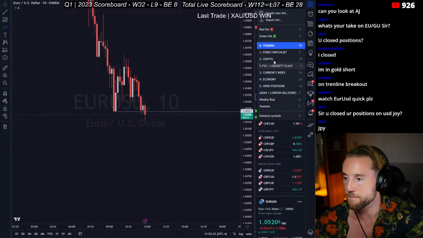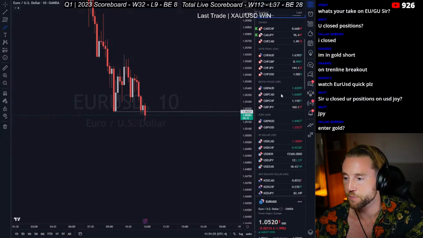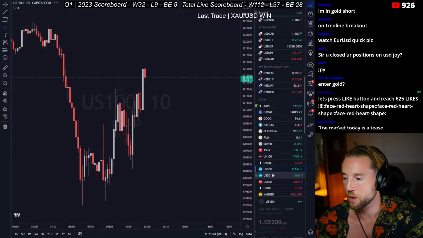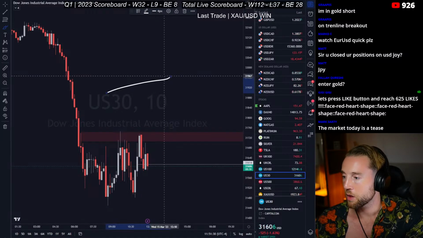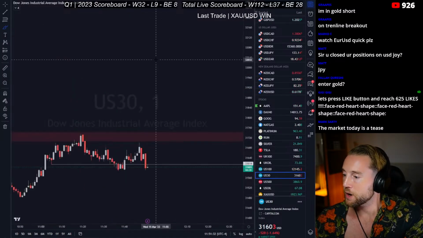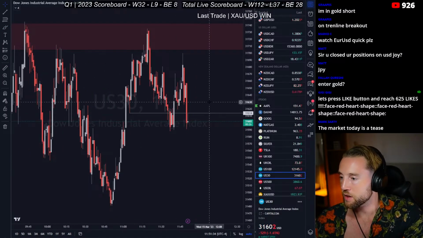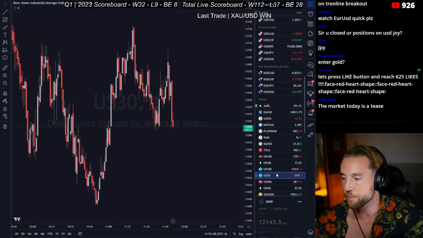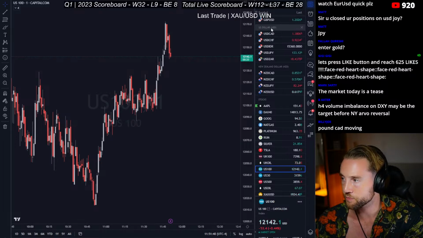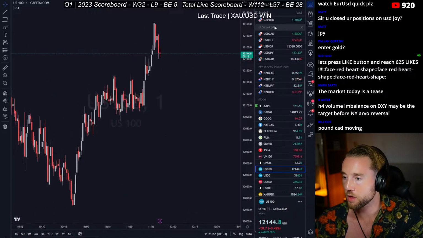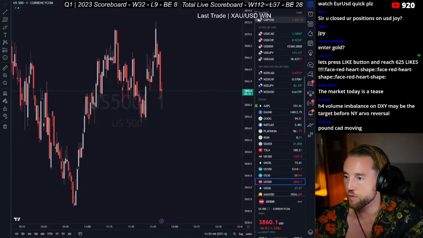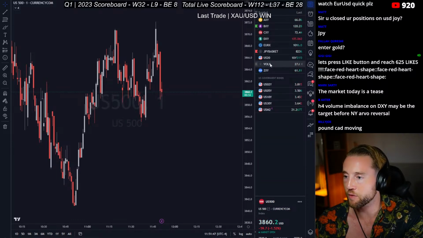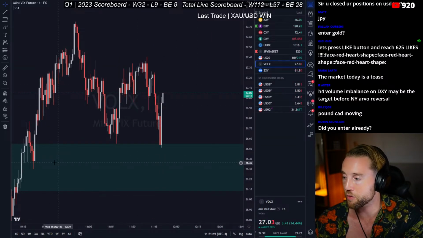Let's see. Not really, not yet. Yeah, well, yeah, US 30 maybe. US 30 is looking definitely weaker. US 100 is looking very strong. But it's pushing down a little bit indeed. US 500 is also reacting. The VIX is right now coming up a little bit. It's bouncing from this zone.